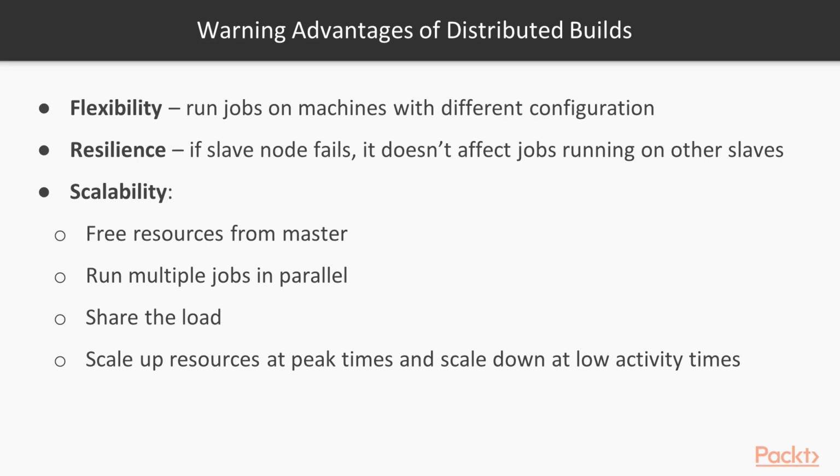The major advantage is scalability. In fact, slave nodes free resources from the master node, allow you to run jobs in parallel, thus sharing the load across multiple machines, and scale automatically since the number of slave nodes is increased at peak build times and decreased during low activity times.